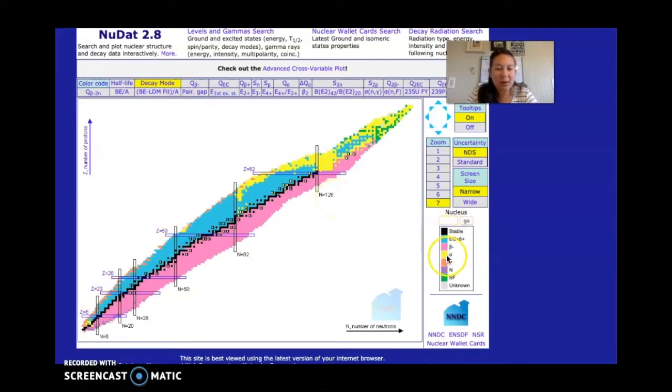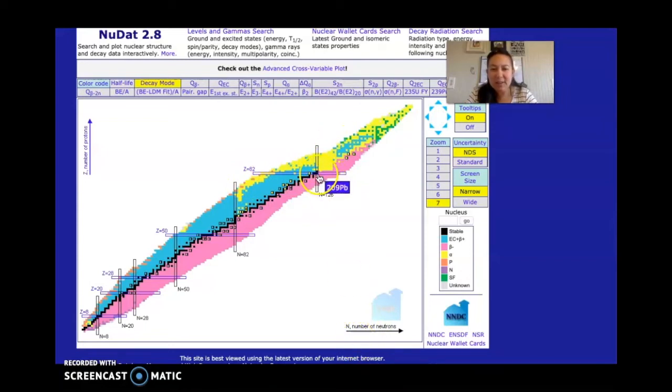But alpha particles are these yellow nuclei over here. They tend to occur where there's either too many protons, which you can see because that's where the number of protons is largest, either where there's too many protons or too many nucleons in general.